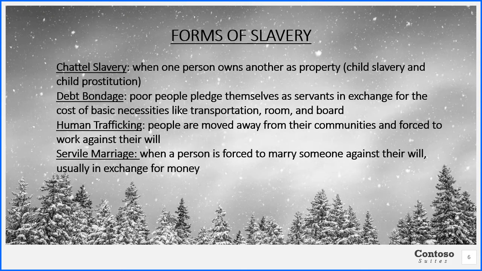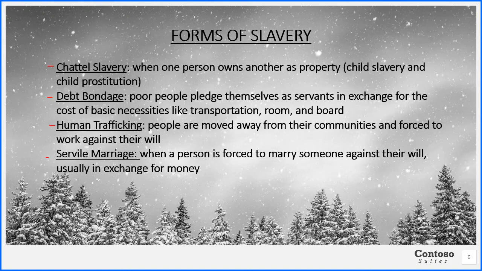All right, then we have 4 different forms of slavery, which still occur around the world today. So first is what we saw in the history of the United States, which is chattel slavery. And this is when one person just outright owns another person as their personal property.